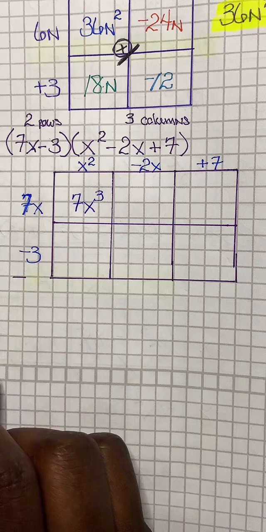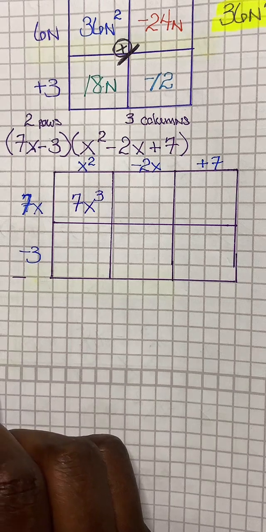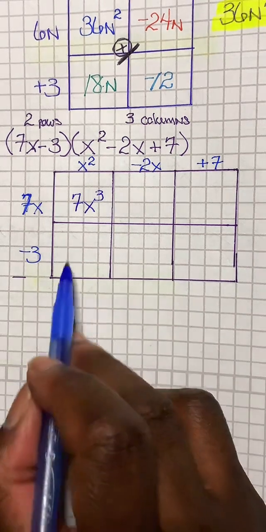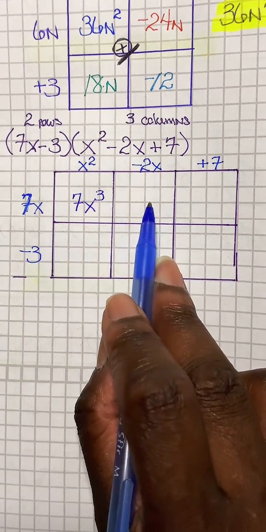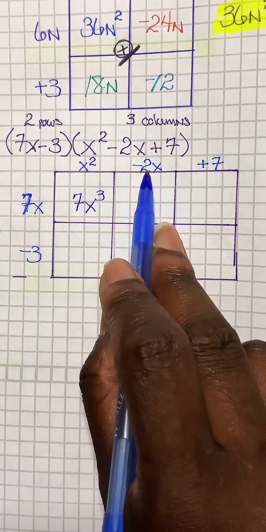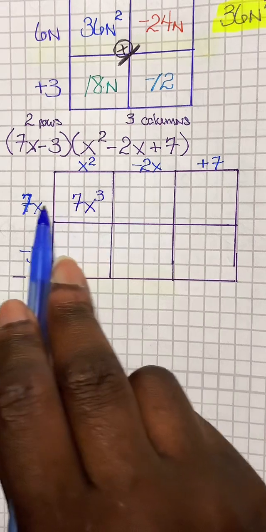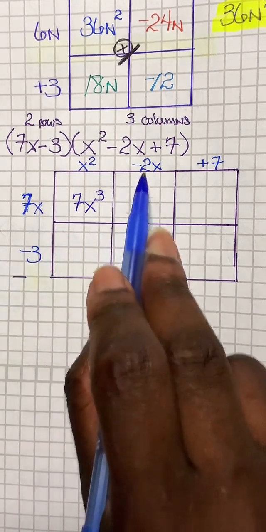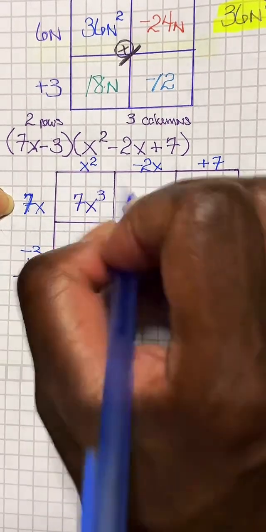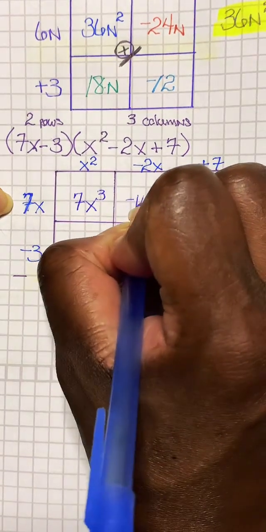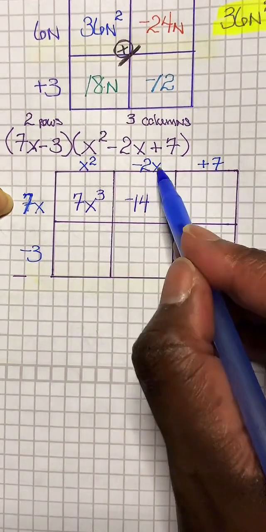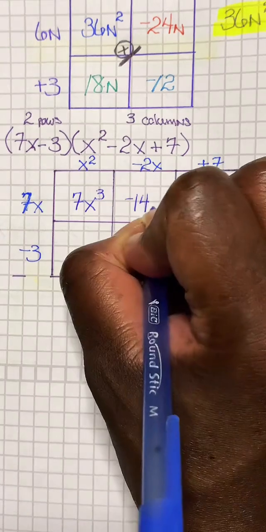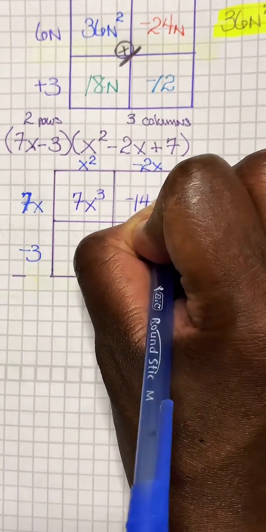Now, to fill this box, we're going to take negative 2x times 7x. So negative 2 times 7 gives us a negative 14, and x times x gives us x squared.